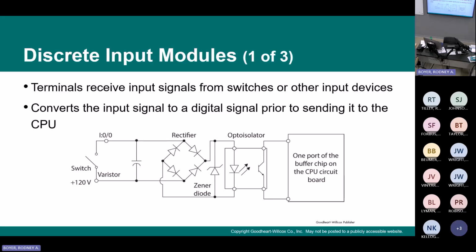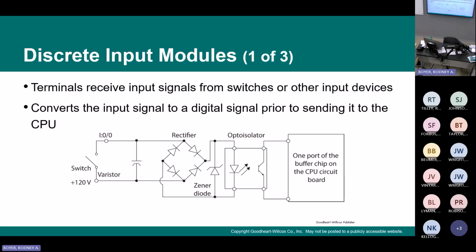Then the opto isolator, that is the symbol for an LED, light emitting diode. It's infrared, and it's inside an IC package, so you can't see it anyway. But the light from the LED turns on the transistor that says, hey, CPU, somebody closed the switch on that input.